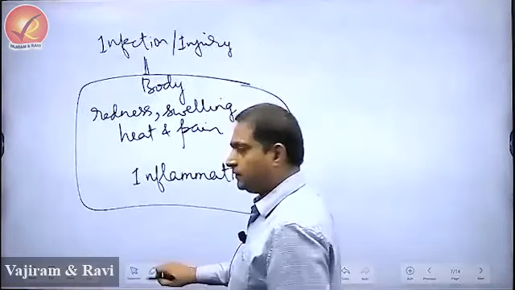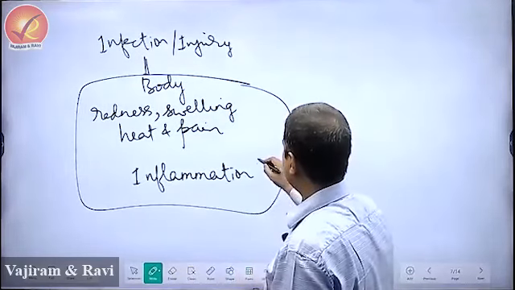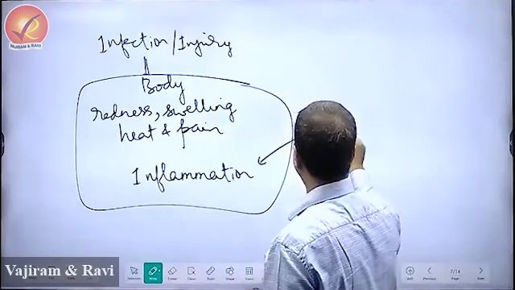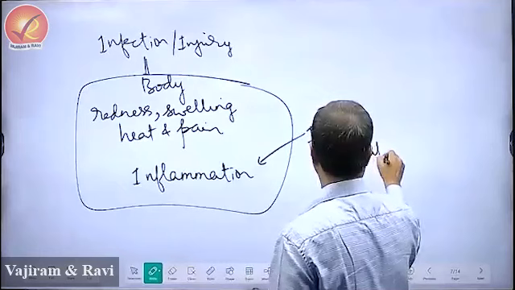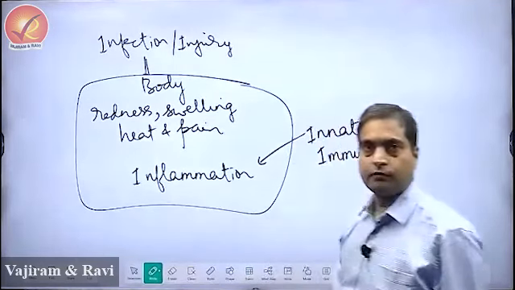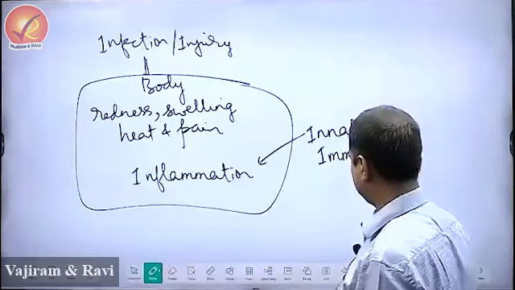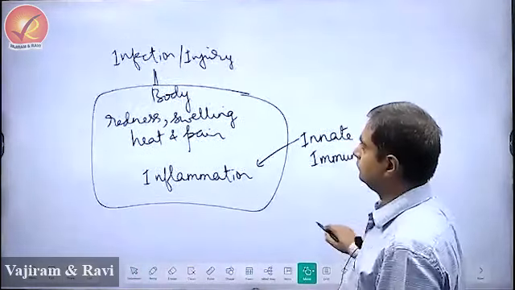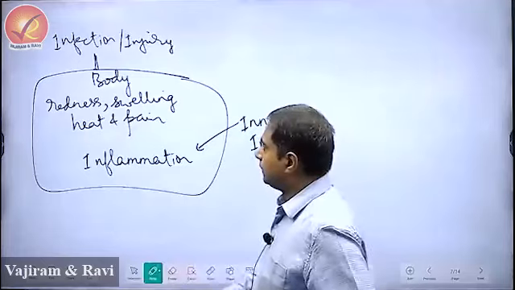And this is actually the implementation of innate immunity. So this is the implementation of what? Innate immunity. Your innate immunity has started acting now in the form of inflammation. So what will happen?